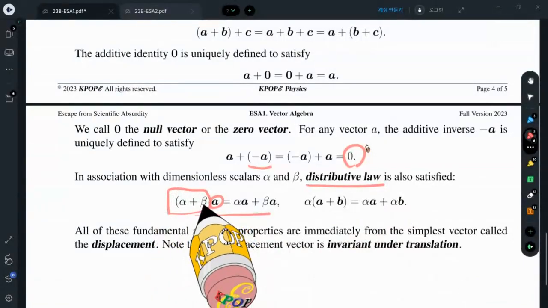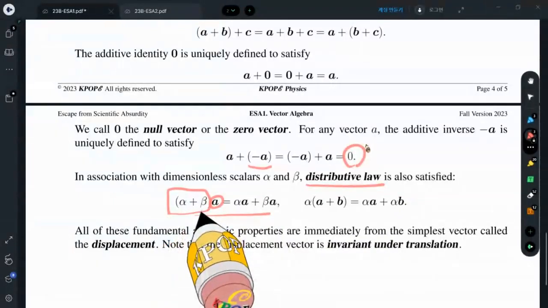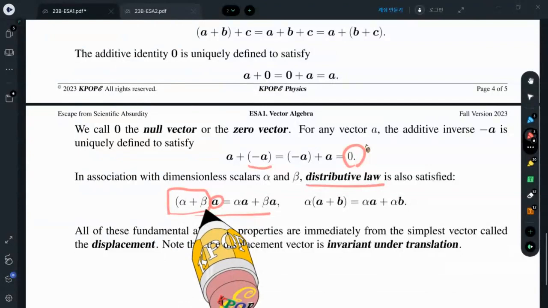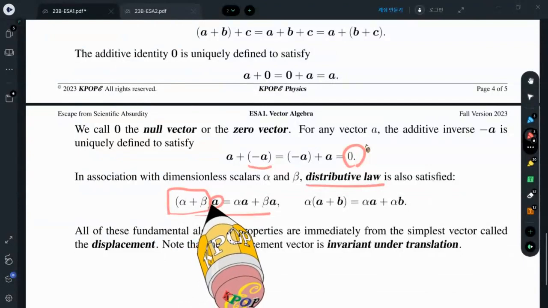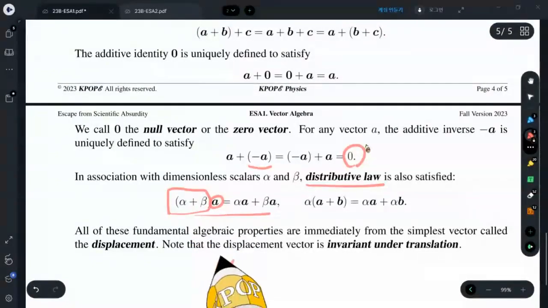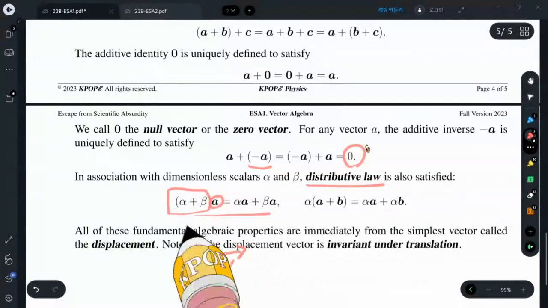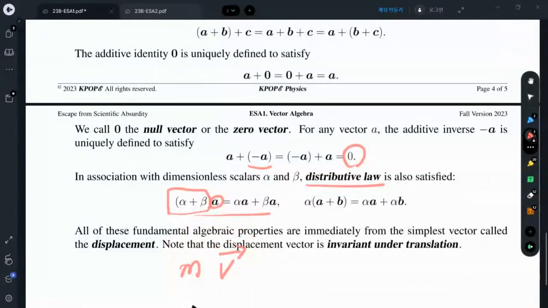In mathematics, these scalars are just pure numbers, but in physics, these scalars do not have to be a number. For example, if you have velocity and if you have mass, I can multiply.